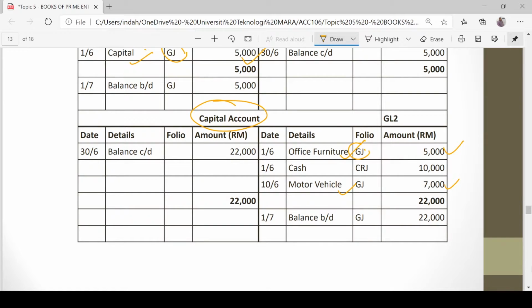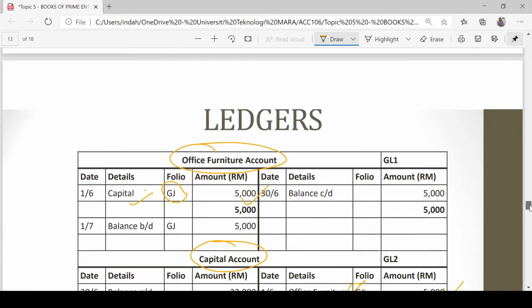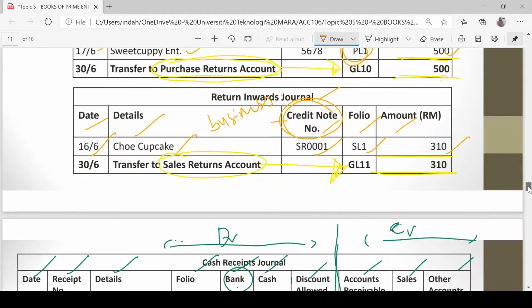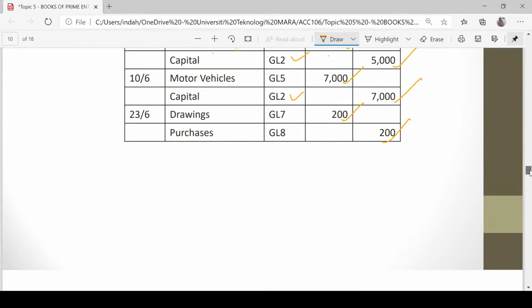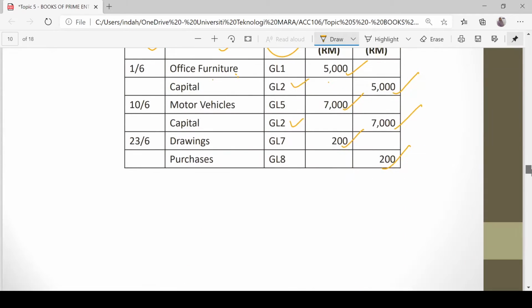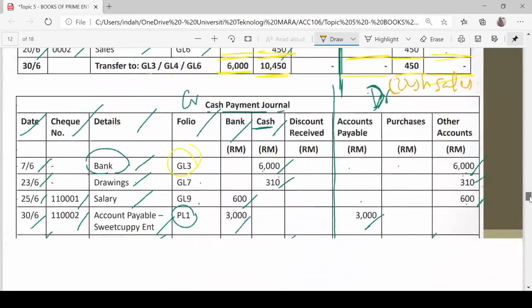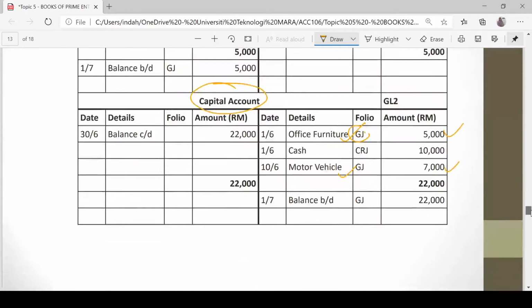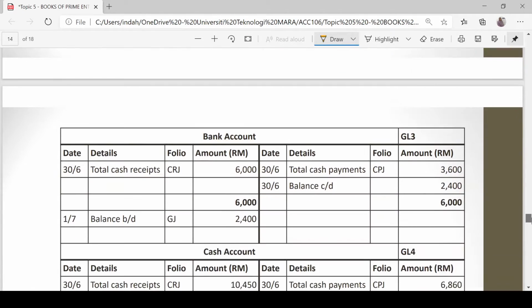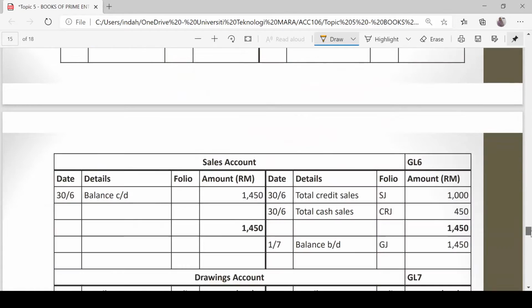But now we conclude everything. We prepare the journal and then we post to the ledger regardless of the date. Then for drawing and purchase, it means we have an account drawing and an account purchase. Let's move further down.